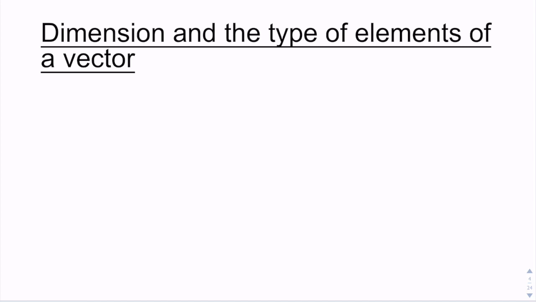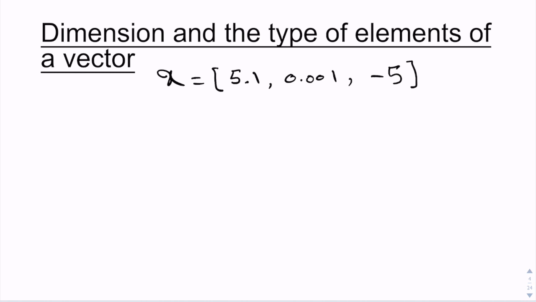So imagine I have this vector x, whose elements are 5.1, 0.001, and minus 5. This is my vector, okay?